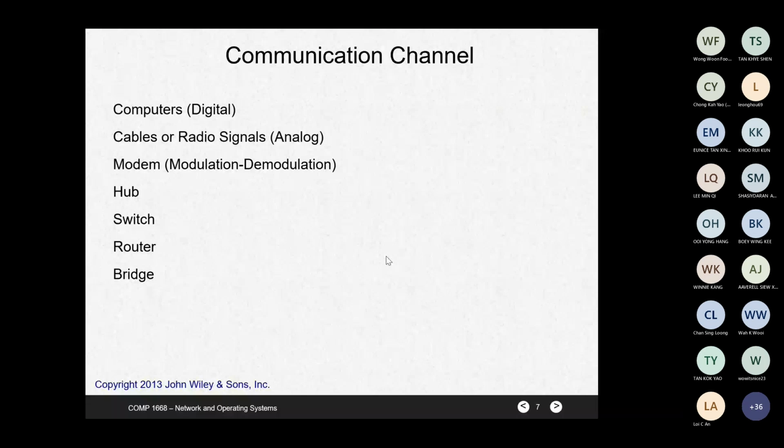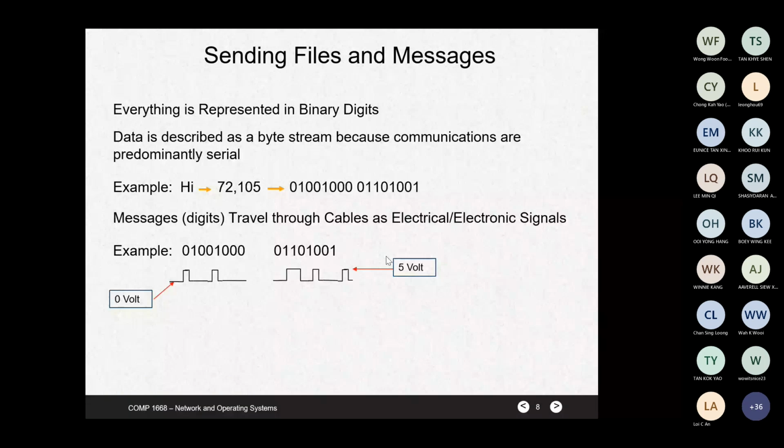Sending files and messages is very basic, like what we discussed a couple of weeks ago: how your messages are transmitted from text into binary and vice versa, and how the binary, the 0s and 1s, are converted into electrical signals.